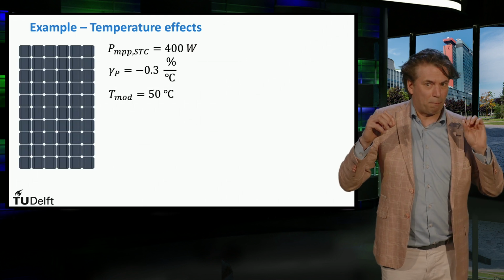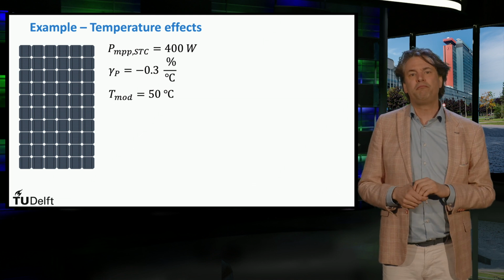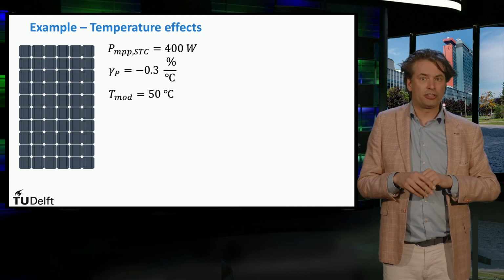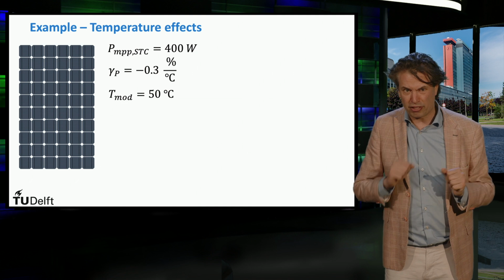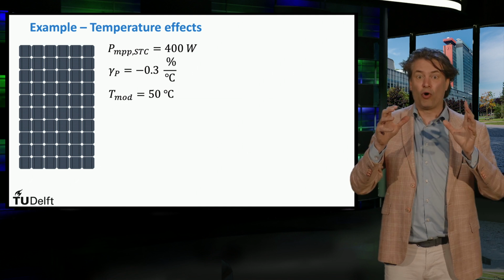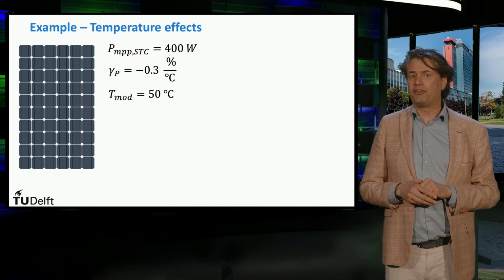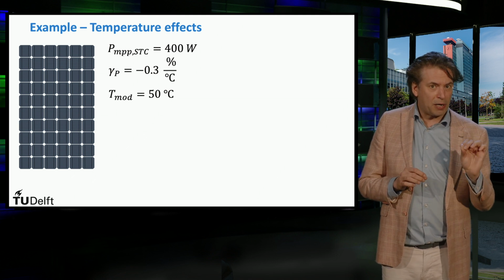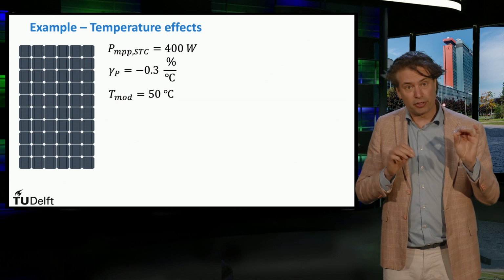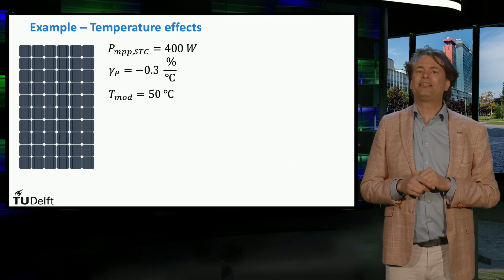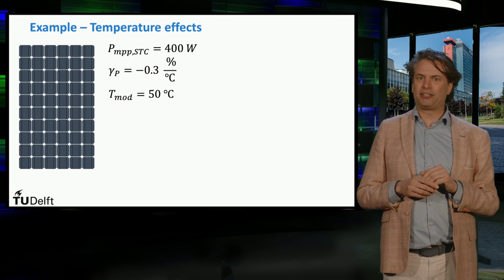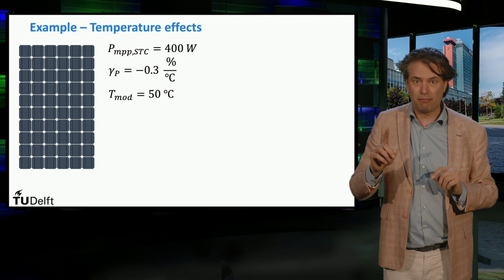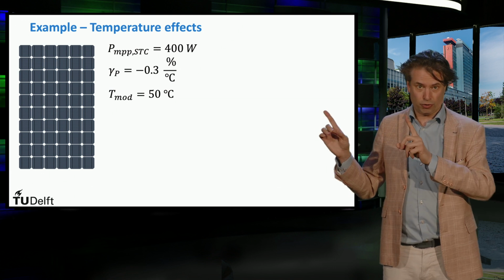If the maximum power output of a PV module under standard test conditions, that means a module temperature of 25 degrees Celsius, is 400 watt, and the temperature coefficient of power is minus 0.3% per degree Celsius, then the module's power output at a temperature of 50 degrees Celsius can be calculated as follows.